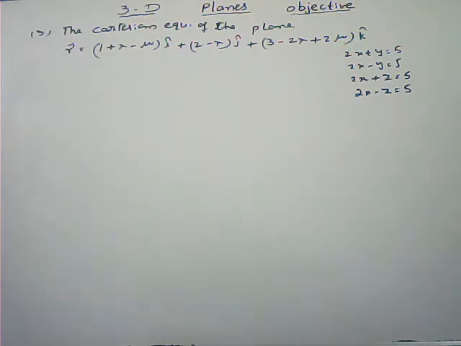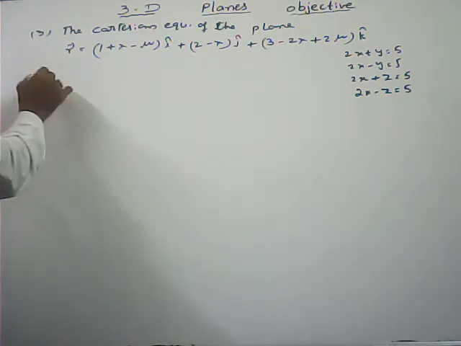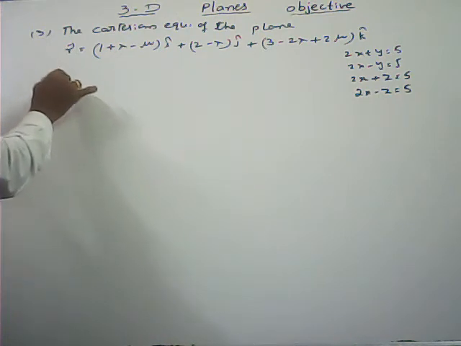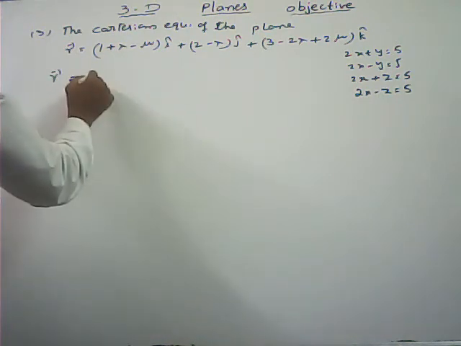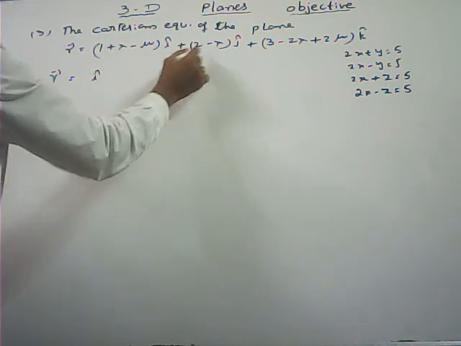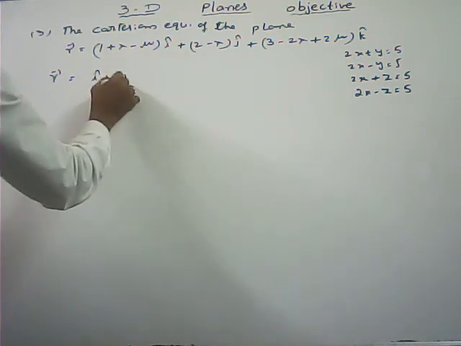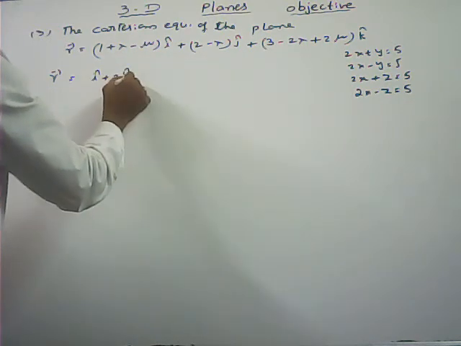Next one, the Cartesian equation of the plane. Your plane equation is given. R bar is equal to, if you separate that one, i cap plus 2j cap plus 3k cap.